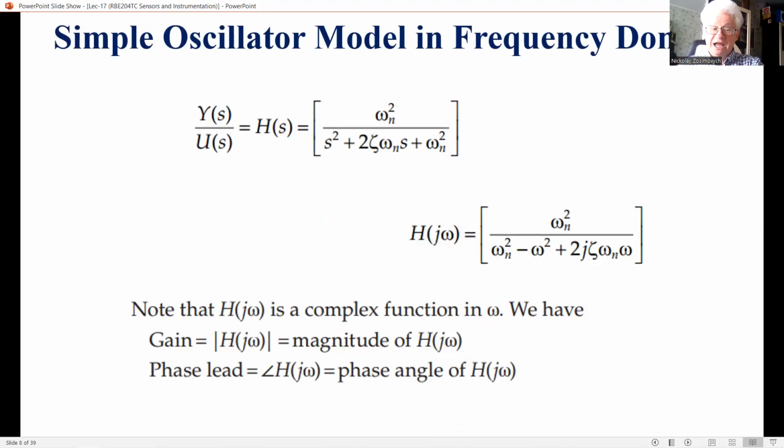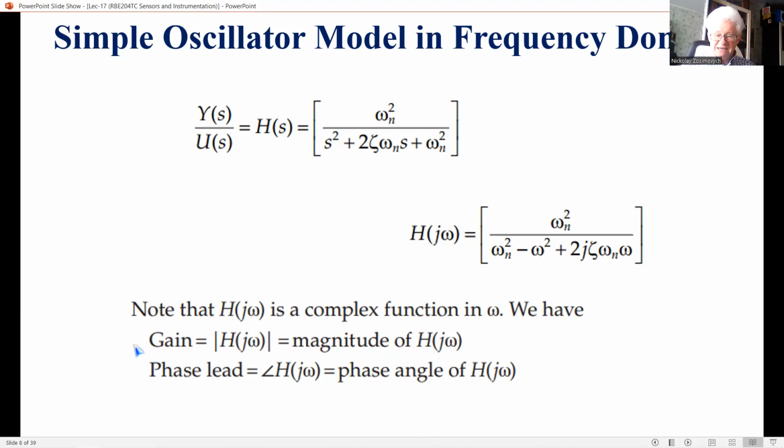The transfer function H for a simple oscillator is given by these first equations. The frequency function H is proportional to y over u, where H(s) here is H(j omega), as we can see at the bottom. Omega here is the excitation frequency. We should notice that H(j omega) is a complex function of omega.